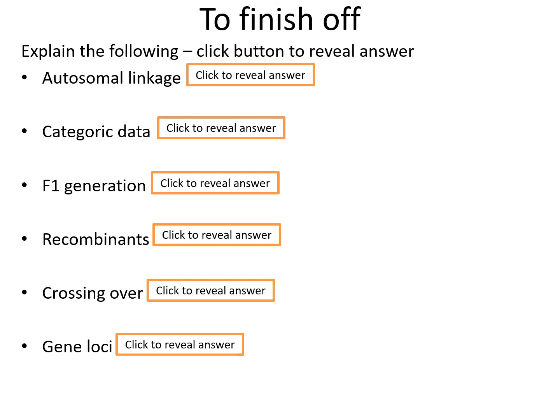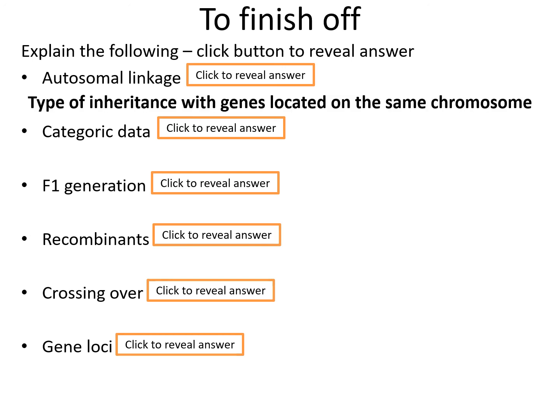Autosomal linkage is the simple idea of a type of inheritance where genes are located on the same chromosome. So they're linked. Categoric data, remember, is tied to the concept of chi-squared, and that's simply where data can be separated into groups.